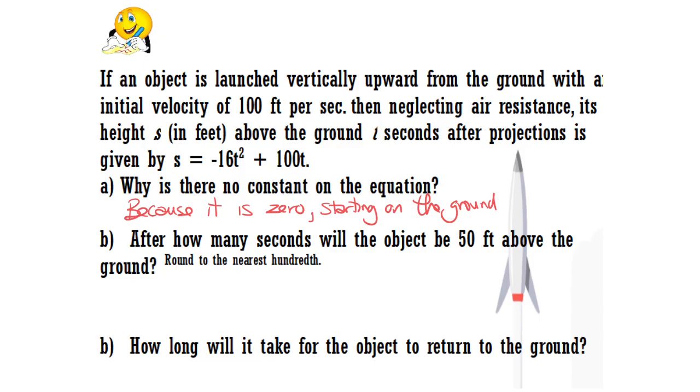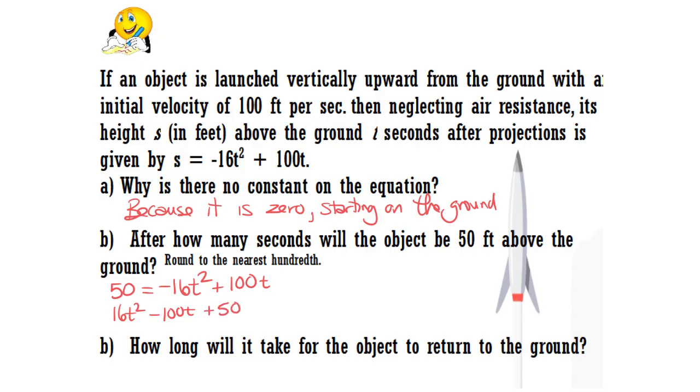Right, so I'm looking for when the height will be 50. So I'm going to put 50 in for the height, and I'm going to be solving for t. So I'm going to go ahead and get everything on the same side. I'm going to have 16t squared minus 100t plus 50.